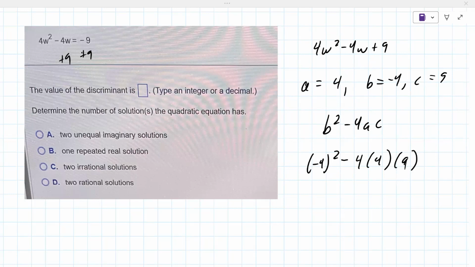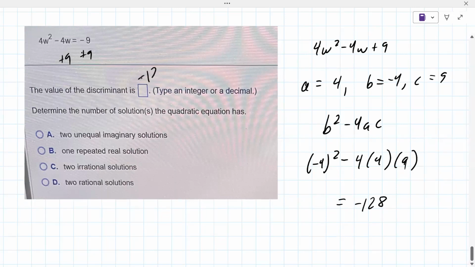We plug in these values. So I got B squared, which is -4 squared, minus 4 times A, which is 4, times C, which is 9. I can't do this in my head, let me put it in the calculator. -4 times 4 times... -128.